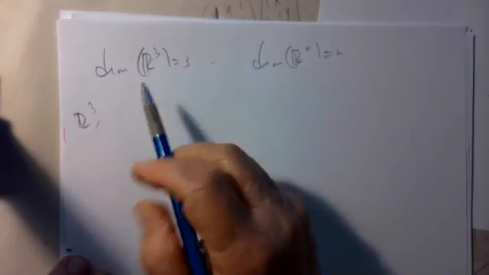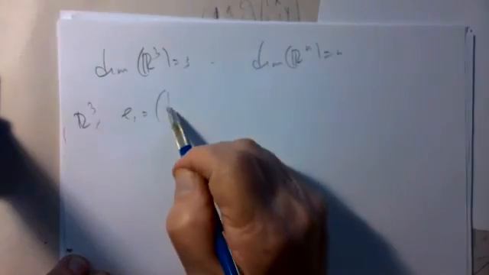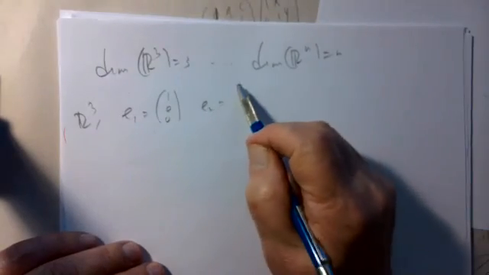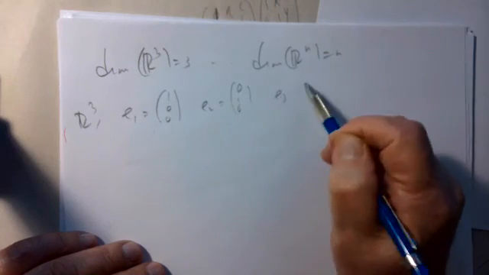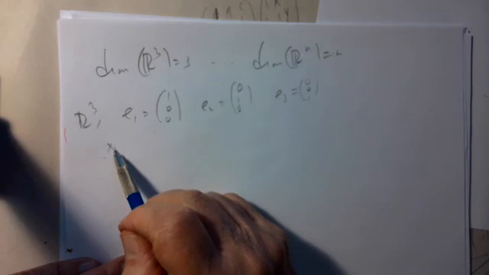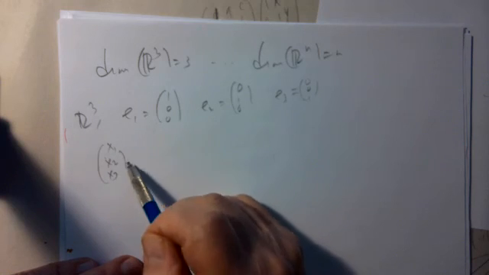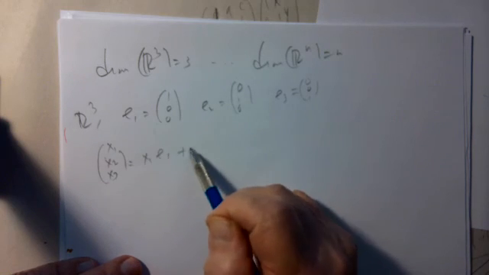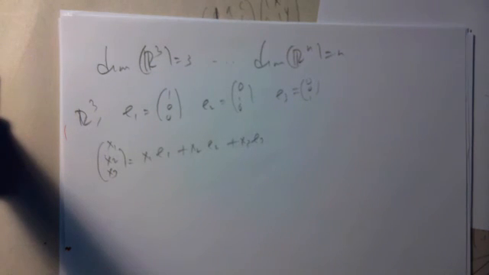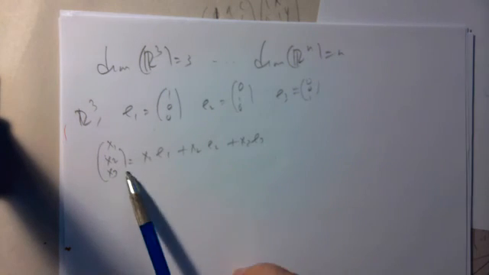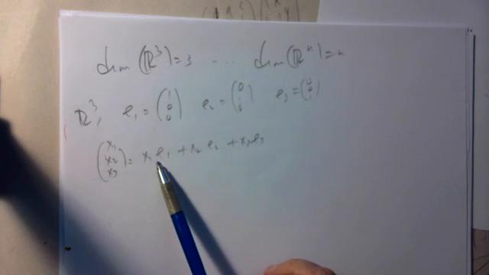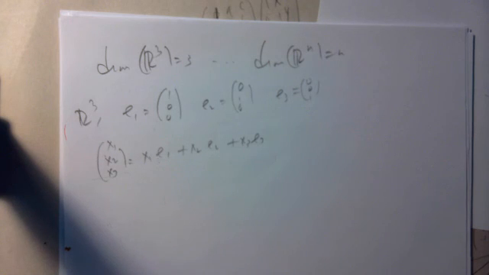In the case of R3, we take the vectors (1, 0, 0), for example, you can take other sets, (0, 1, 0), and (0, 0, 1), and any vector (x1, x2, x3) is x1 e1 plus x2 e2 plus x3 e3. So this formula tells you on the one hand that every vector is a linear combination of e1, e2, and e3.